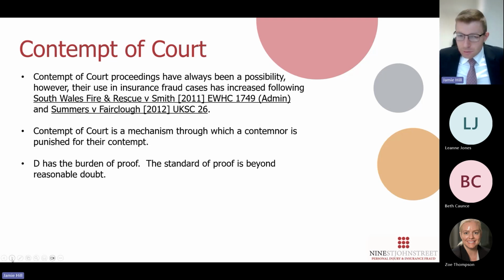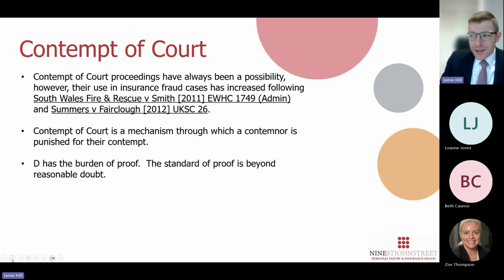The next tactic that can be used as an offensive approach to a fraud ring is contempt of court. Now, contempt of court has always been available, but its use in fraud ring or dishonest personal injury litigation has increased following the well-known cases of South Wales and Summers.